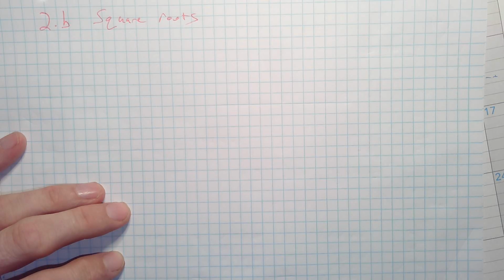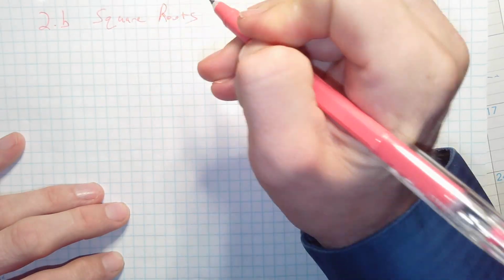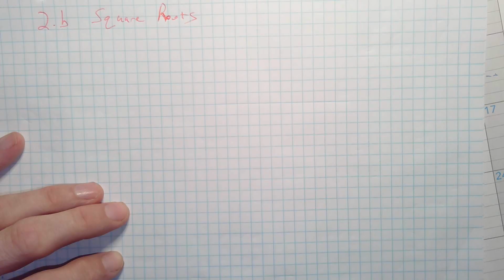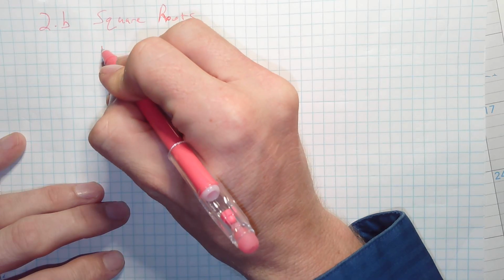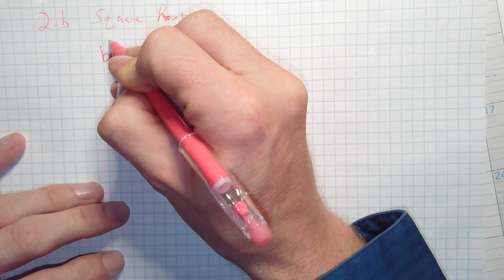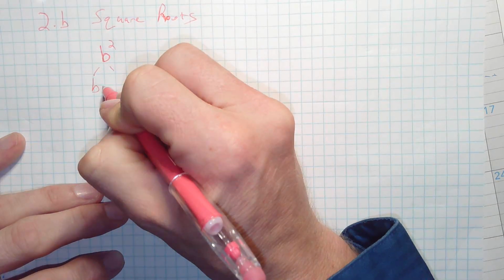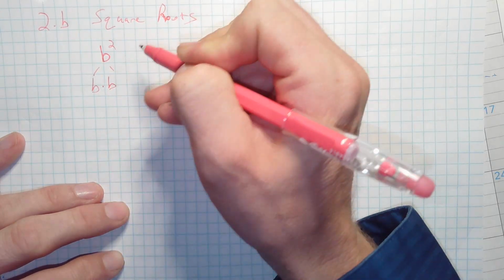Last section, we introduced a new function called exponents, and we talked about perfect squares. If you multiply a number, we'll call it the base, by itself twice, this is just going to be b times b, you get a perfect square.